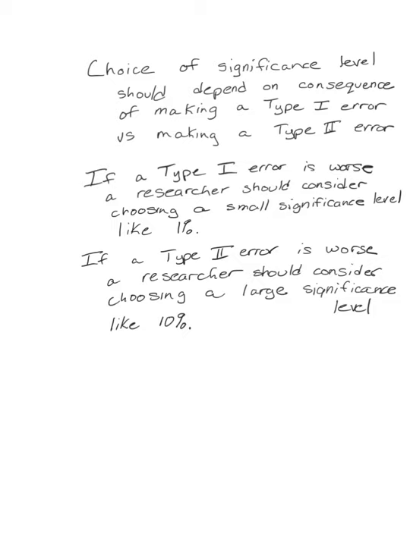But the reality is that usually 5% is chosen, and not a whole lot of thought actually goes into the choice of that significance level. And in the last couple of years, there's been a lot of criticism leveled at the idea of just choosing 5% all the time without giving it a lot of thought or really understanding what p-values are measuring.